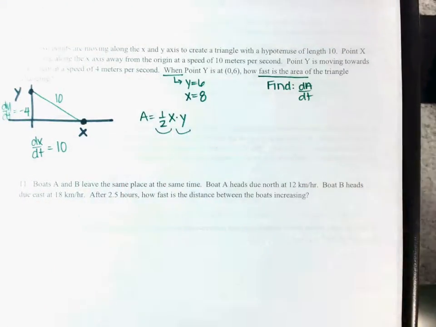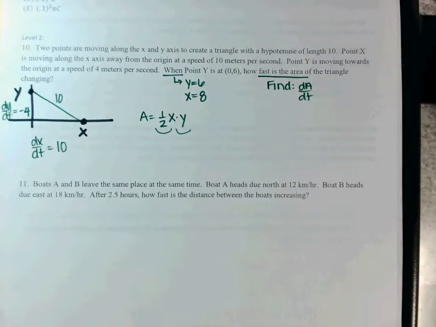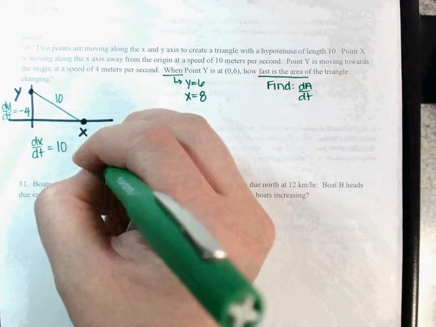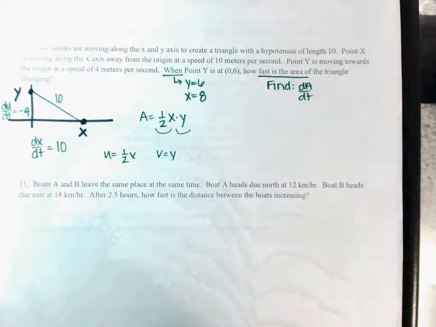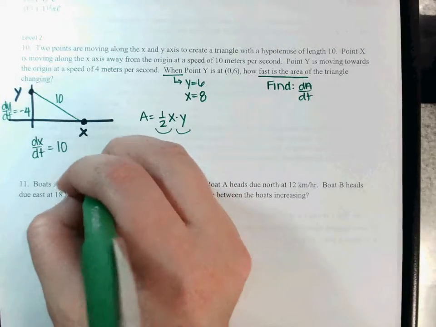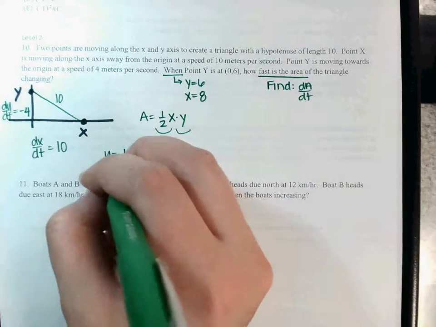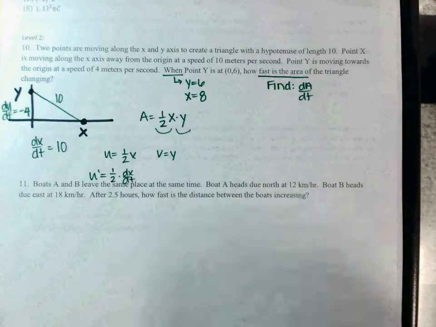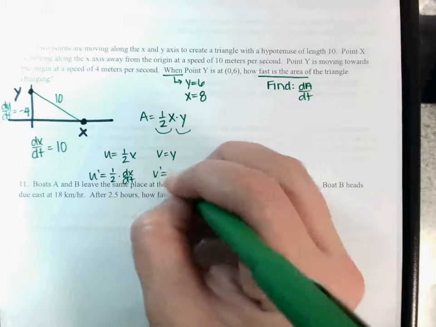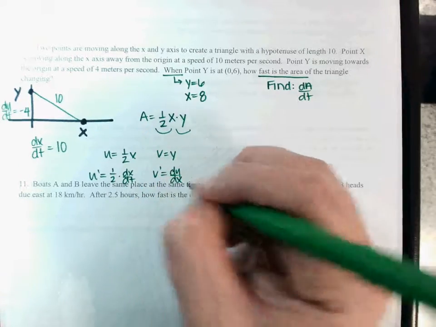And then from there, when you take the derivative, what rule would you need? Product rule. Very good. So your u would be 1/2 x. Your v would be y. What would u prime be? 1/2 dx dt. What would your v prime be? dy dt.